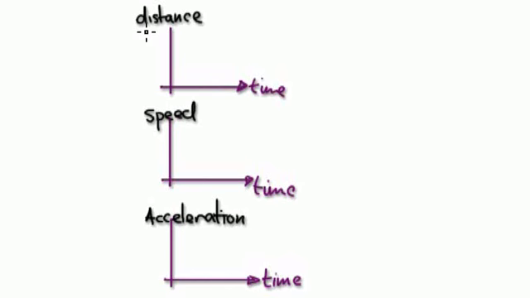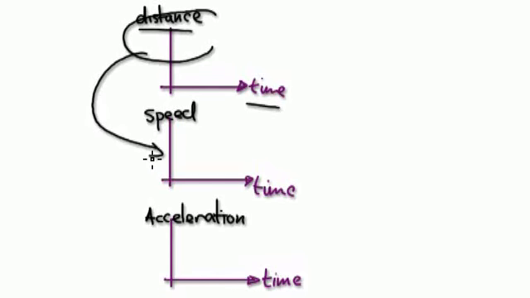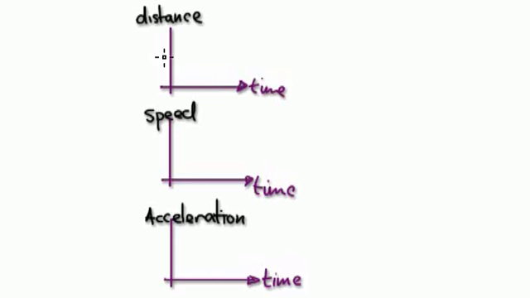I know it sounds weird. Let me just give you this here. The gradient of a distance time graph represents the speed. The gradient of the speed time graph represents the acceleration. This bit's really confusing, I know. So, distance time graph: the gradient gives you the speed.